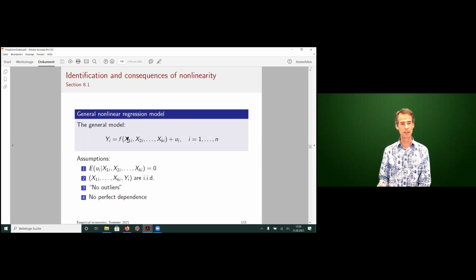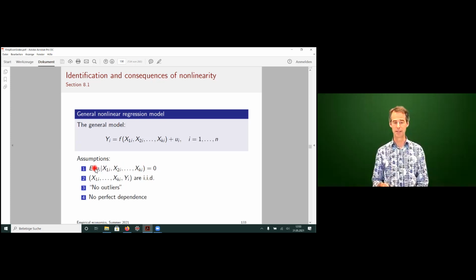You will remember that in the linear regression model, we had a set of 4 assumptions. And of course, we need assumptions for the nonlinear regression model as well. And the nice thing is that we can carry over most of these assumptions almost without any change. So the first assumption is really unchanged. It's exactly the same as before.